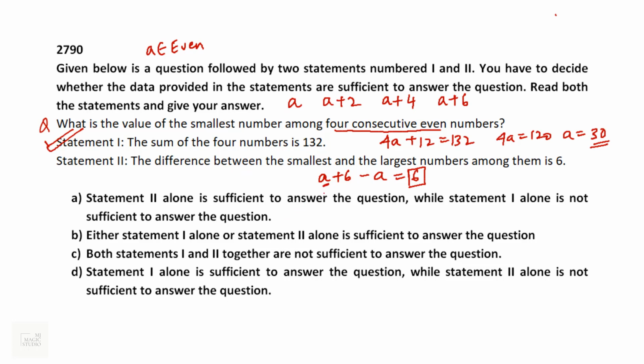Take any 2, 4, 6, 8. The difference between the first and the fourth one will always be 6. That means statement 2 alone is not sufficient to answer our question. Let's see where it is. Yes, in option D, it says statement 1 alone is sufficient to answer, while statement 2 alone is not sufficient to answer the question. I'll go with option D.